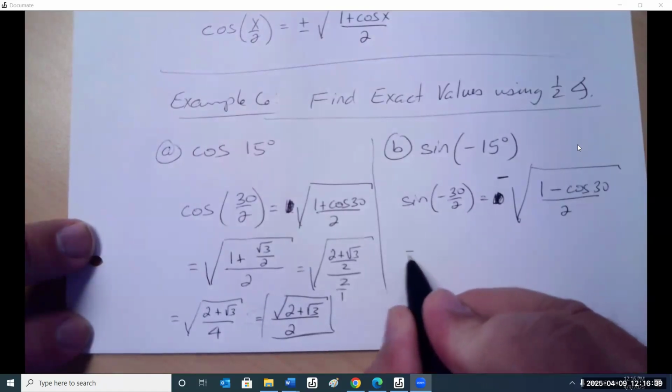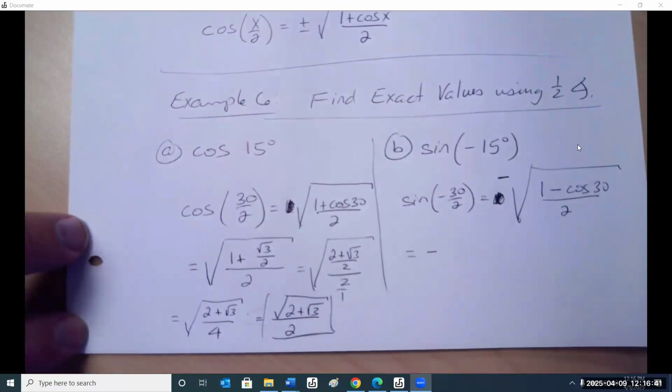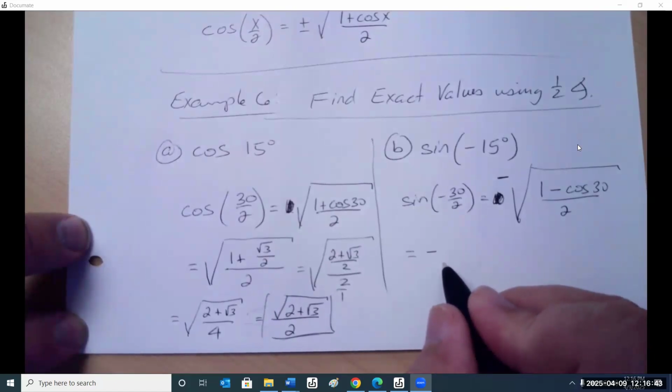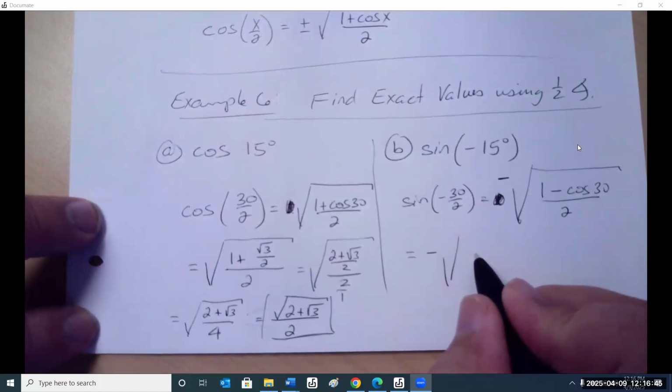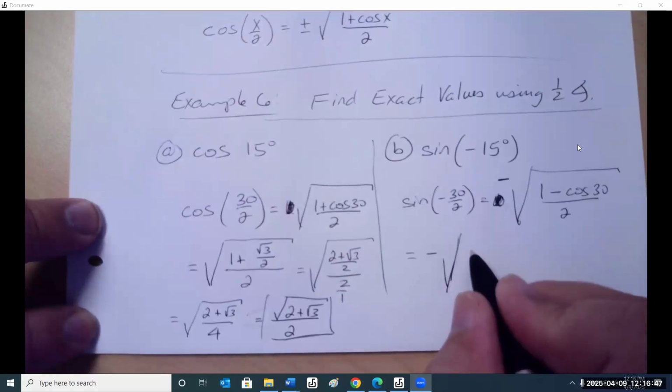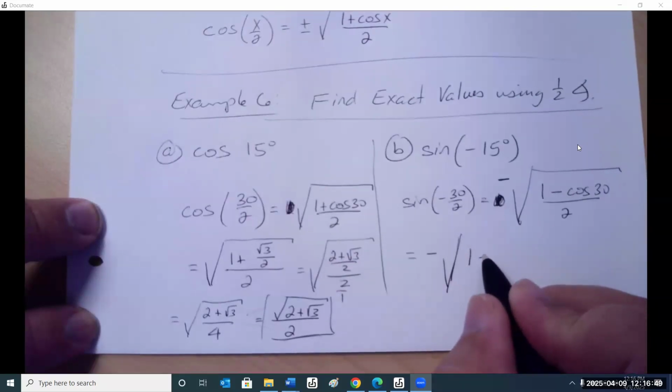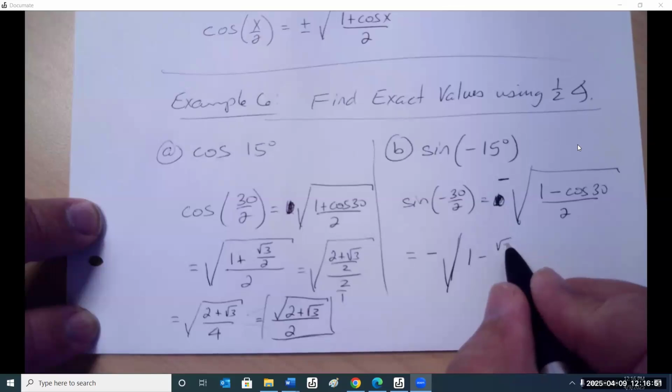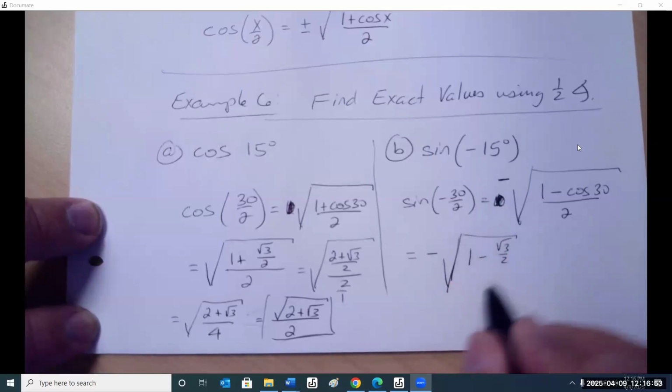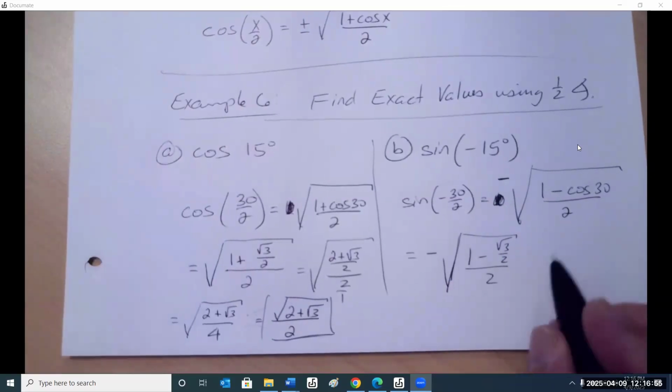And likewise, now we have the negative side. Cosine of 30 is square root of 3 over 2, over 2.